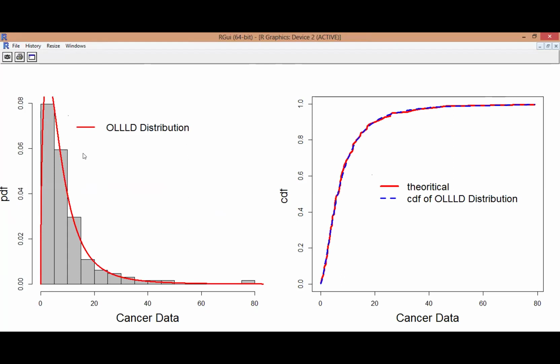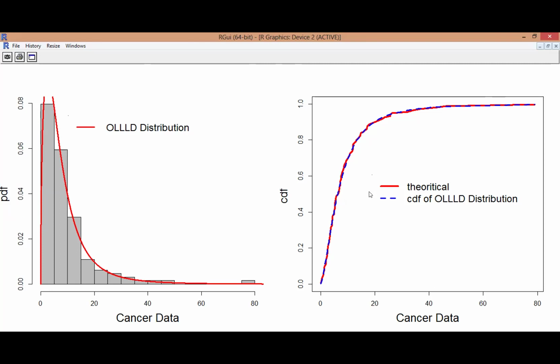So it means we succeeded: the estimated parameters give the best model. And then from the CDF plot, or the cumulative plot, we can find the red line. It means the cumulative theoretical, which you can find by using the formula (i minus 0.5) divided by n. And the blue one means the cumulative model, which you can find in equation 6.